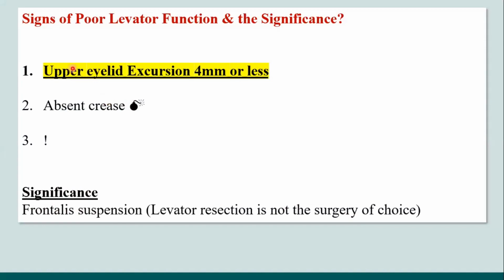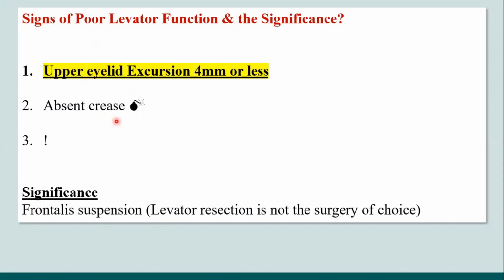This is a slide I mentioned in the first class: what are the signs of poor levator function and its significance. And we said two. Poor levator function means that the upper lid excursion is 4 millimeters or less, or absent crease. And what's the significance? We can't do levator resection; we have to do frontalis suspension whenever we have poor levator function. But here you see I inserted a vector of bomb besides absent crease.